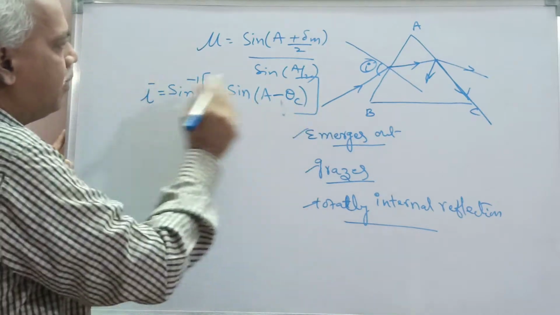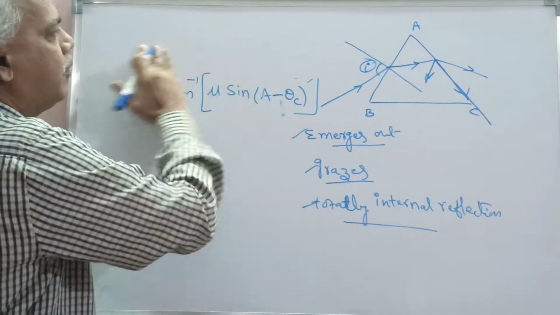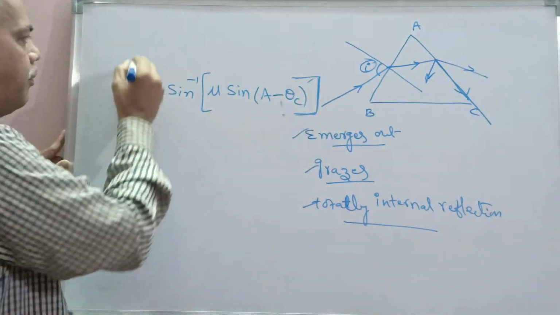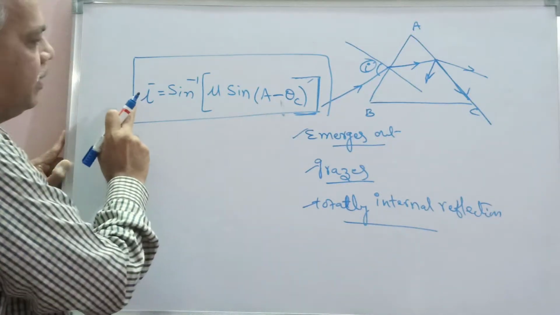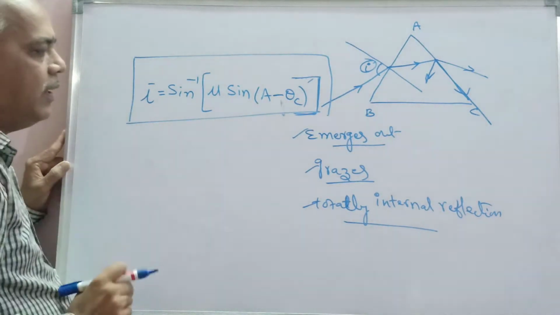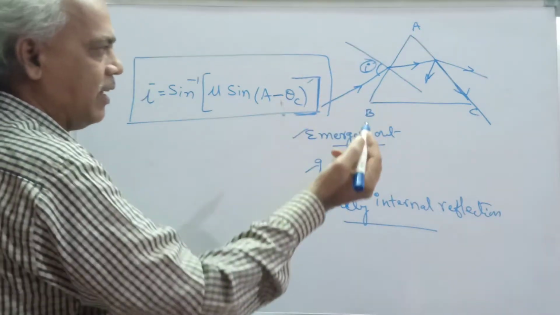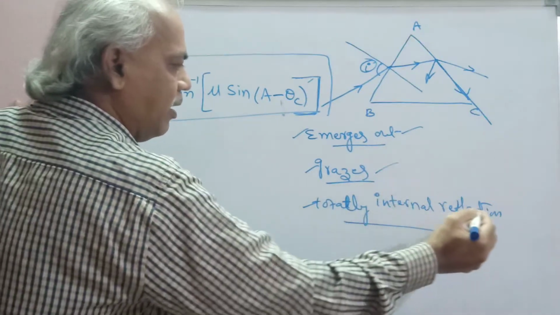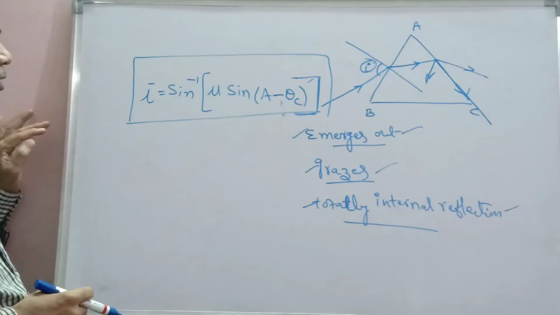It is the formula, the expression. It means this angle of incidence I decides whether the emergent ray emerges out, or grazes, or total internal reflection takes place.